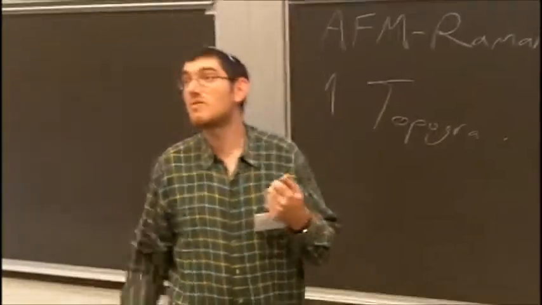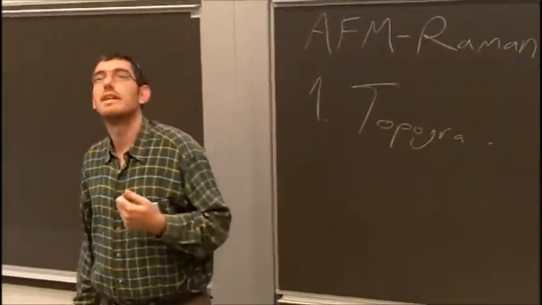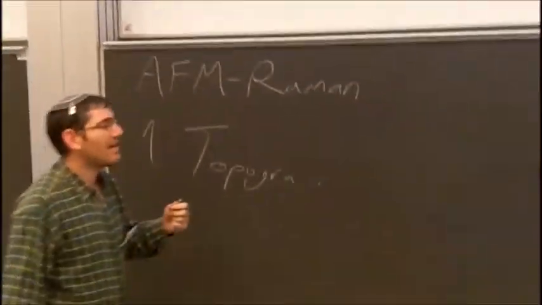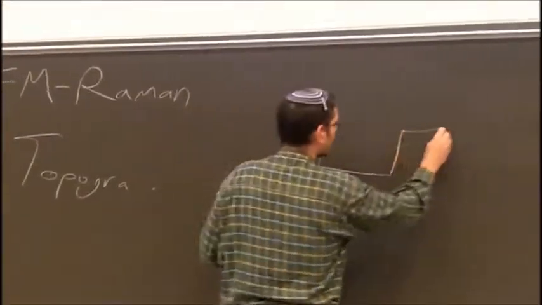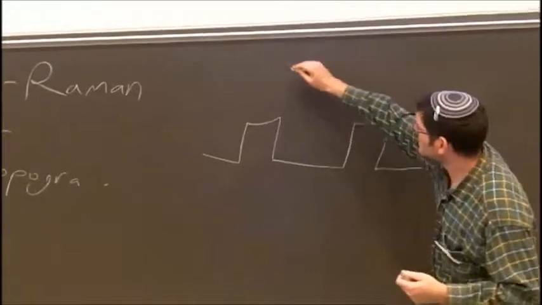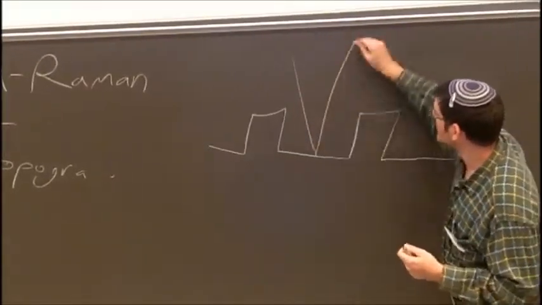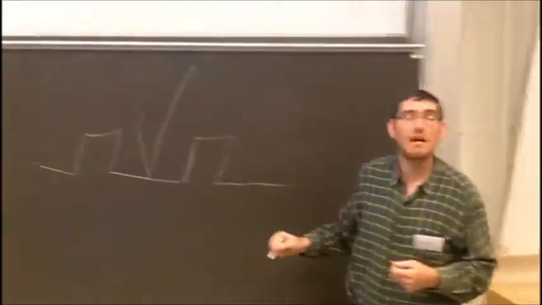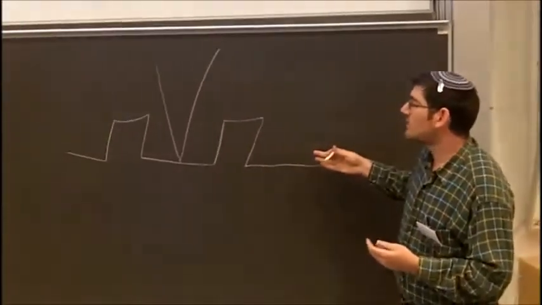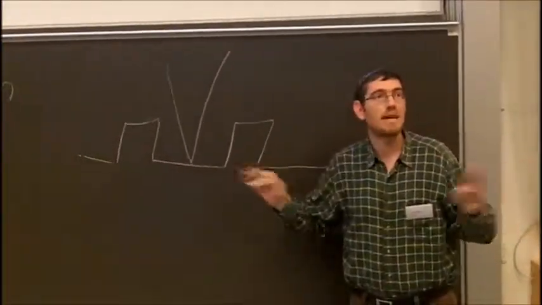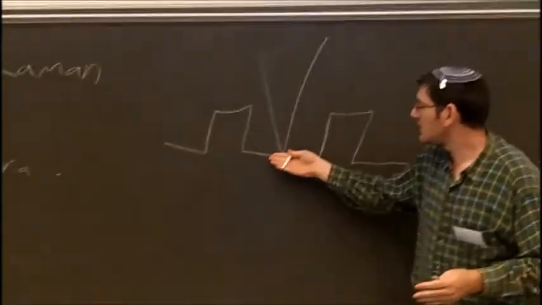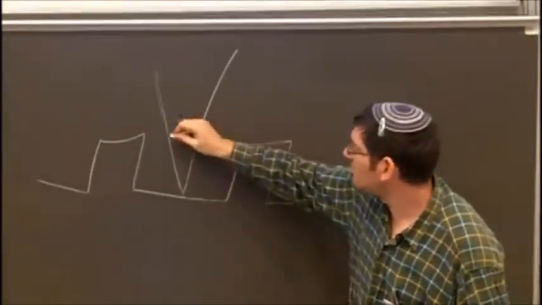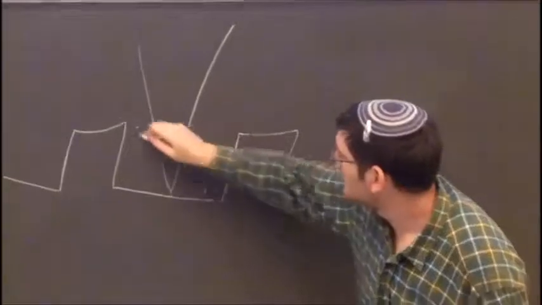A second advantage, which is much more critical, is what we talked about yesterday, the AFM feedback. If we have a sample which looks like this, and we're focused on this point and having Raman measurements here, and we're just doing a regular Raman scan, no AFM, when the sample comes to this area, this part will be right here.